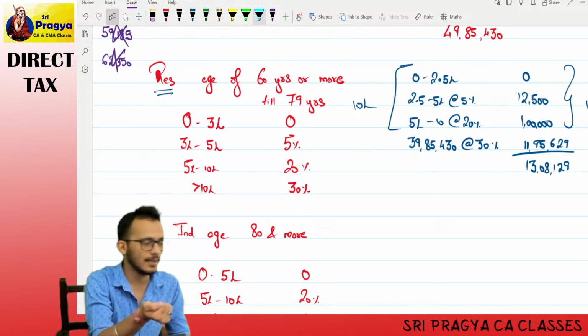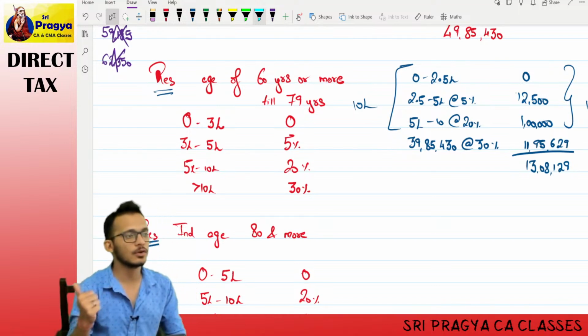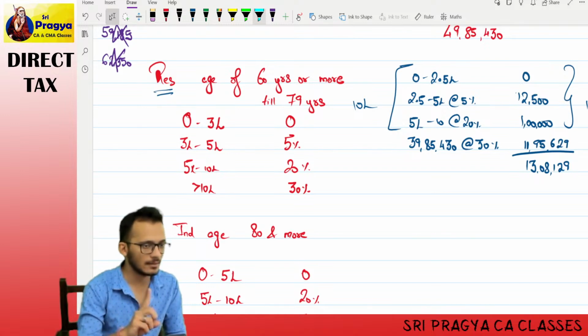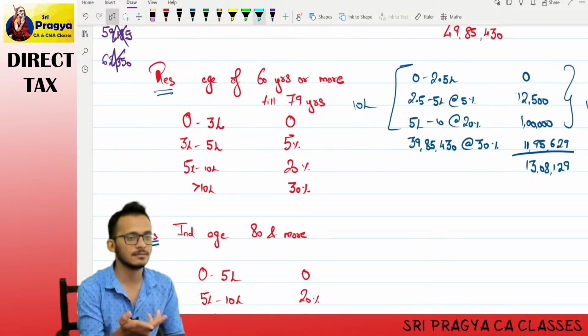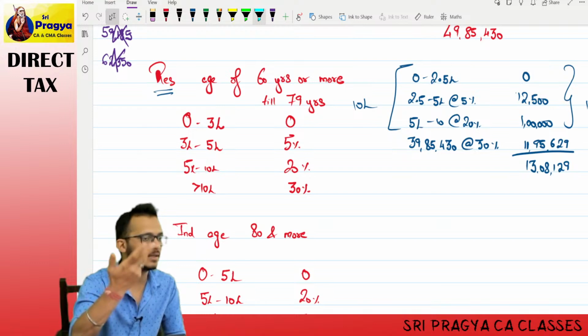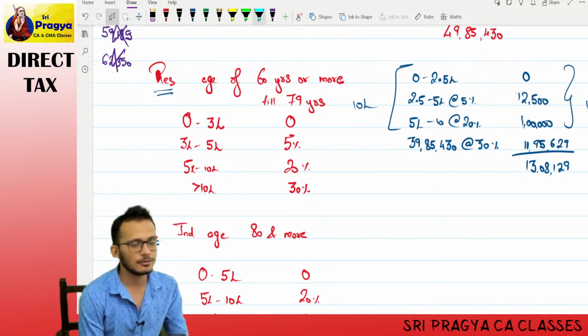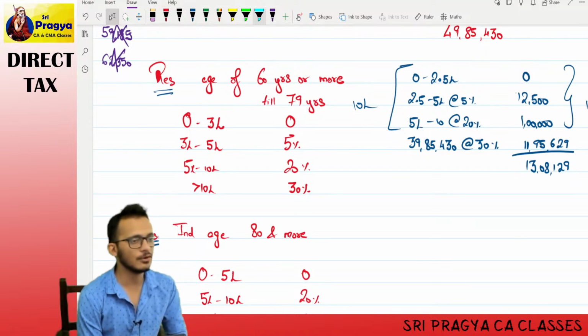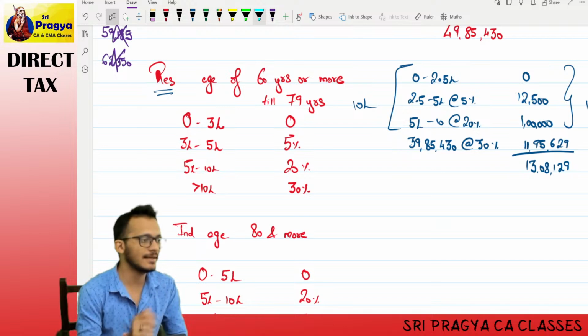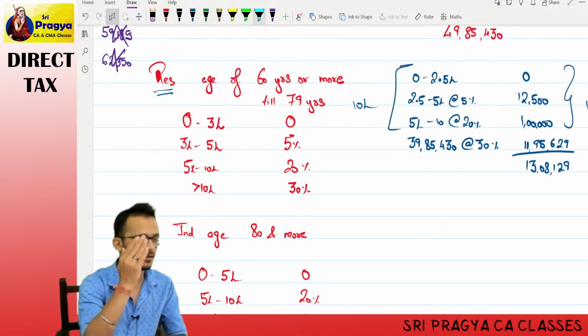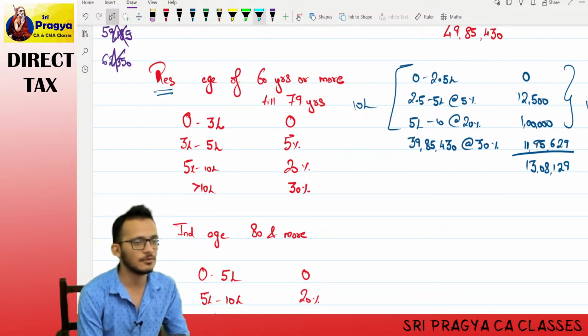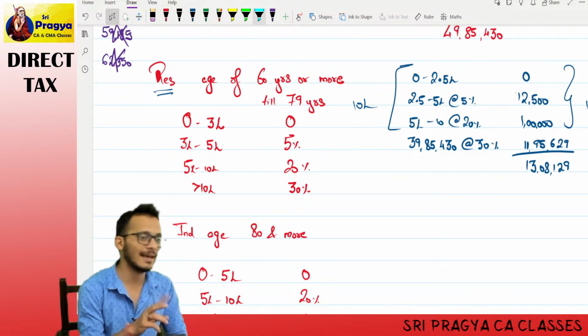If you are more than 80, it will become only 1 lakh, because 5 lakh to 10 lakhs alone is 20%, everything else is 0. You can do that shortcut method only for cases where your income goes beyond 10 lakhs. If it is less than 10 lakhs, don't do this; you'll have to do the slabs. The reason I'm telling you this is that on the calculator it will become easy.